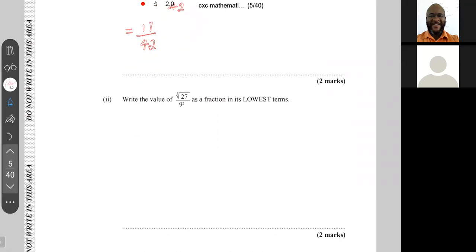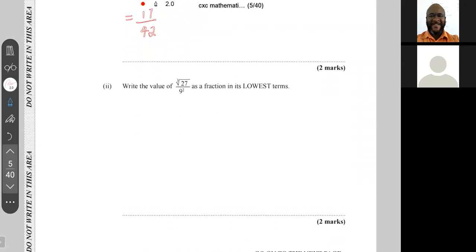Now, part II says, write the value of the cube root of 27 over the square of 9 as a fraction in its lowest term. Now, when someone is asking you for the cube root of a number, what they're asking you is what number multiplied by itself 3 times gives you 27.